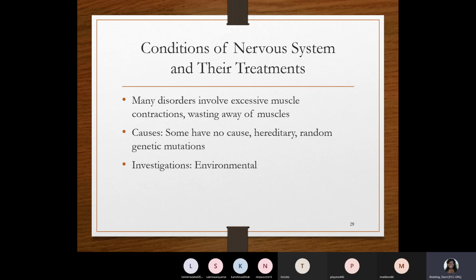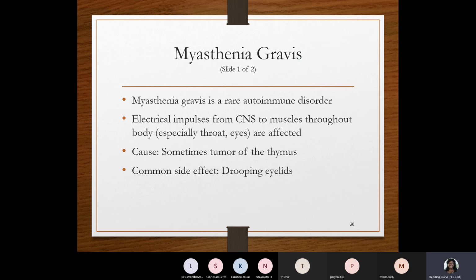So when it comes to the investigations of these conditions, some of them are environmental. And so we're going to discuss only a sample of the major indications and medications that treat the conditions of the nervous system. So one of the first conditions we're going to talk about is myasthenia gravis.